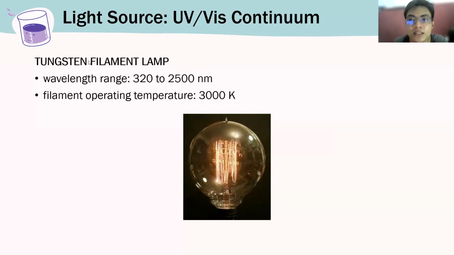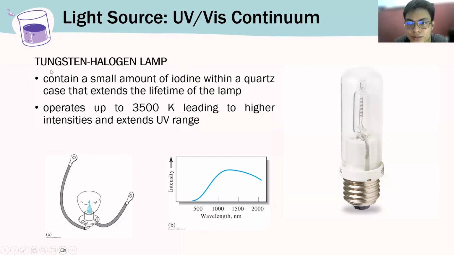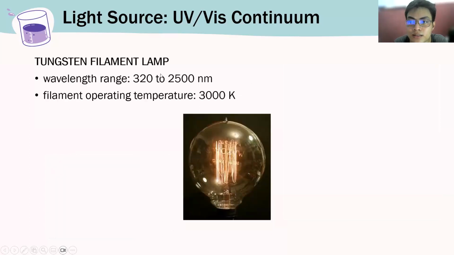However, the problem with the tungsten filament lamp is that it breaks easily, because tungsten also burns, especially when the glass breaks. But it's compatible. Another light source used is the tungsten halogen lamp. What's the improvement here? With tungsten, if you have oxygen in the glass, it will burn into tungsten oxide.